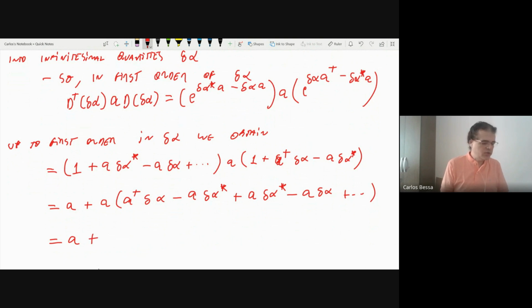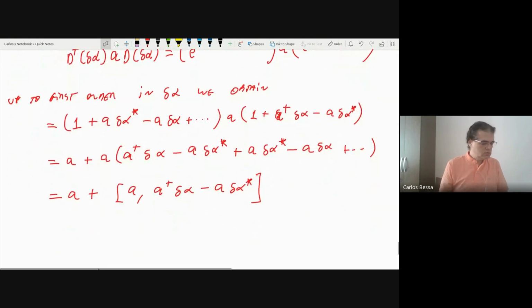The thing is, we can simplify this by writing this way: delta alpha a dagger minus delta alpha conjugate a. Okay, you can write this in terms of the commutator of a with the expression with D, right? The expansion. Because of that, we can write this as a.